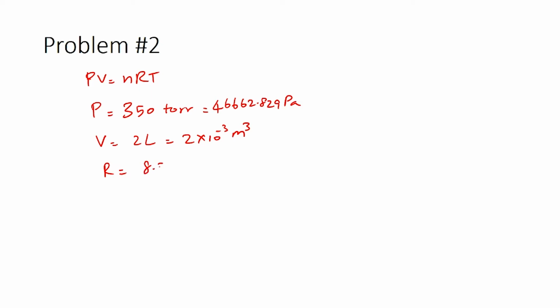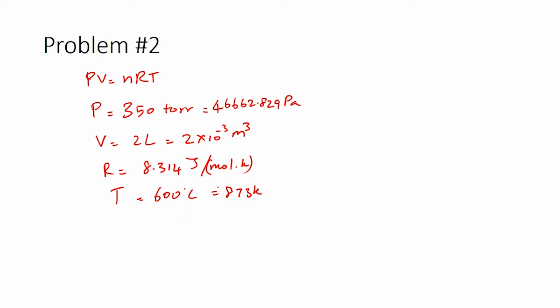R is 8.314 joules per mole Kelvin, and you have temperature T, which is 600 degrees Celsius, and in SI units it would be 873 Kelvin.